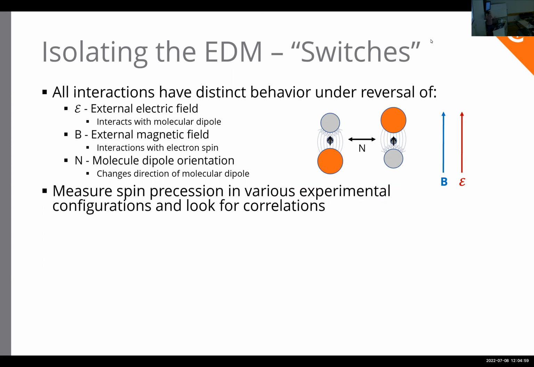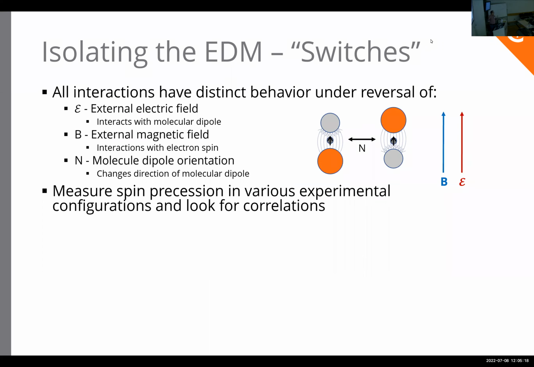So the next step: how do you take the data in an EDM experiment? You take these fluorescence traces, you reconstruct these asymmetries to get the spin precession, but then the way you back out the electron EDM is you look for correlations of the spin precession with different things that you control.